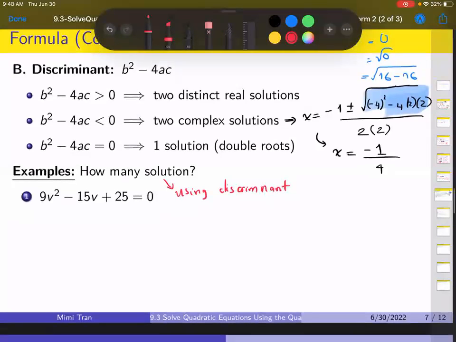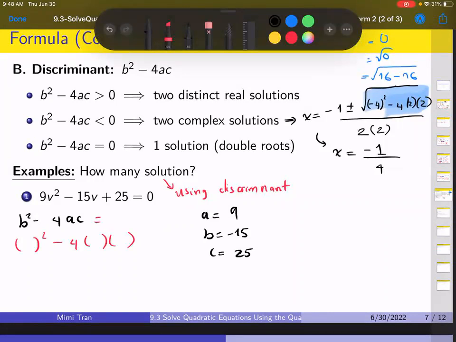All right, so b squared minus 4ac. Plug it in: a equals 9, b is negative 15, and c is 25. So b squared minus 4ac is equal to something squared minus 4 times something. B is negative 15, a is 9, c is 25.